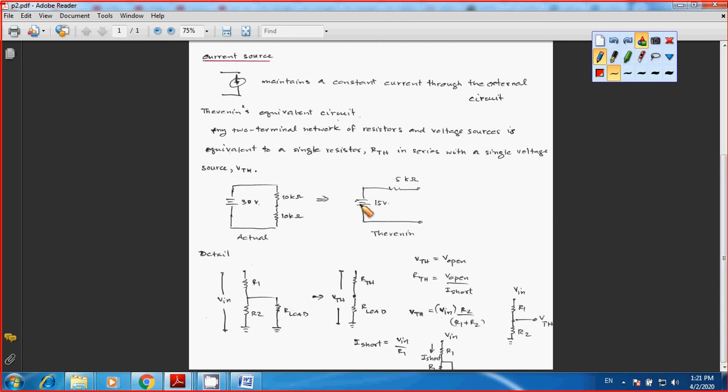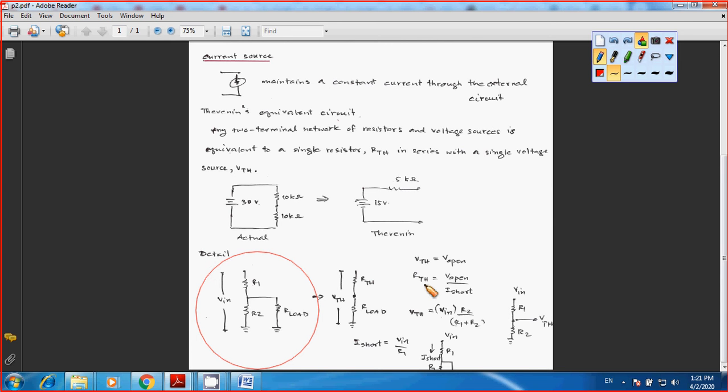The way to look for VTH, or Thevenin voltage, and RTH, or Thevenin resistor, is by using some basic understanding. Your VTH is going to be V open, so we need to take a look at the circuit. And your RTH is going to be equal to V open divided by I short.